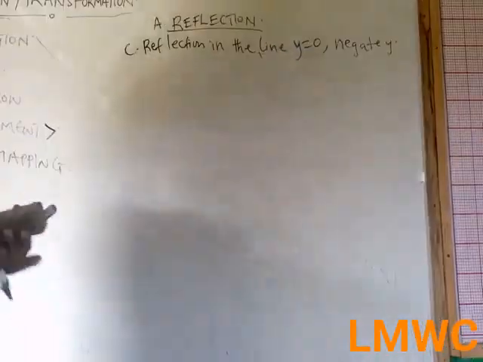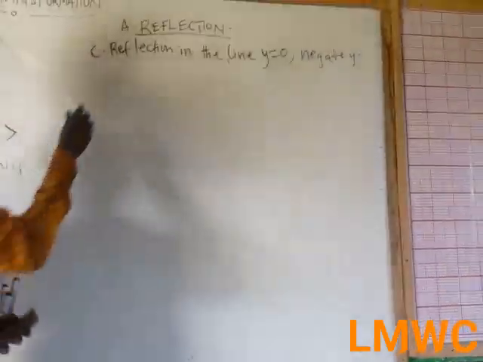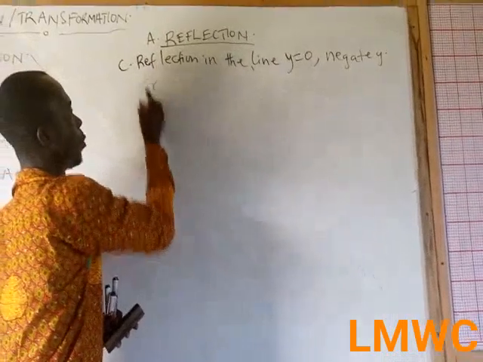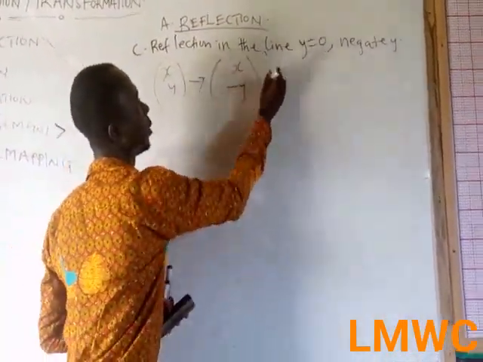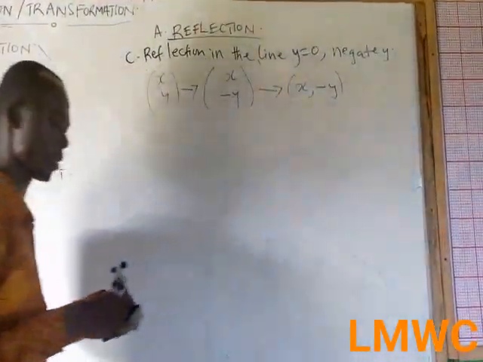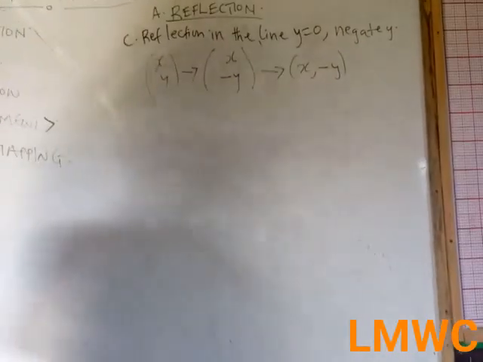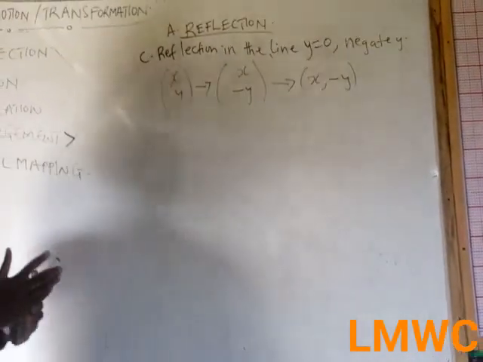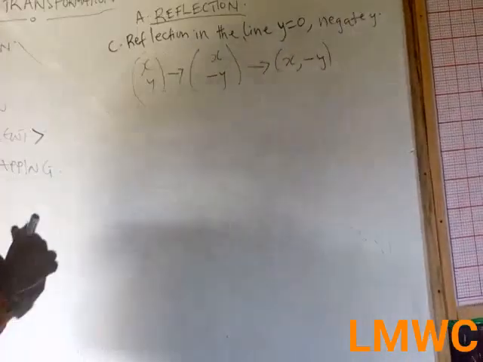So y is equal to 0, negate y; x is equal to 0, negate x. (x, y) maps to (x, -y). This is the coordinates. Always do not forget to leave your answer in coordinate form. Under transformation, we leave our answer in coordinates but not vectors. Take note.